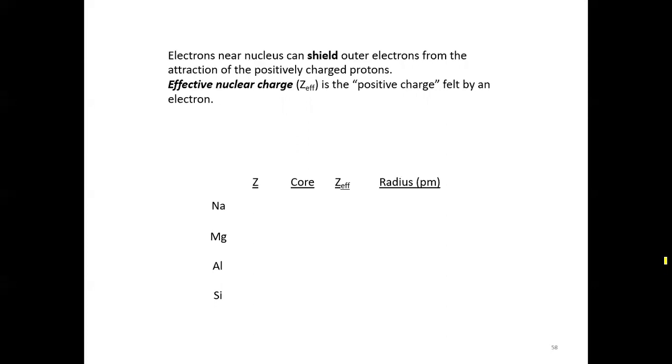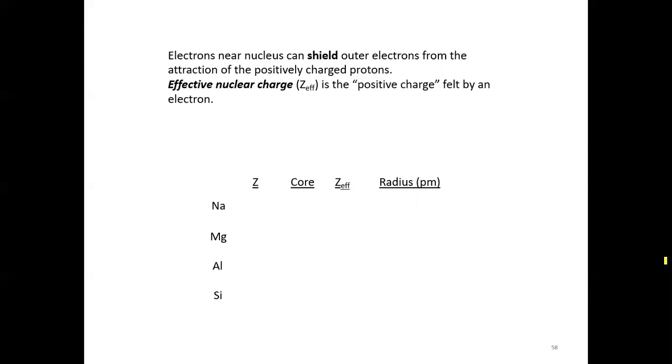So in this case, it's similar. We're going to consider, again, the atom as built with a nucleus and then a core of electrons that are similar in configuration to the previous noble gas. And we're going to say that those electrons are capable of shielding the valence electrons from their interaction with the nucleus. What we're going to do is make a definition here.